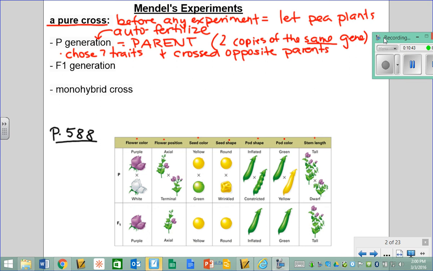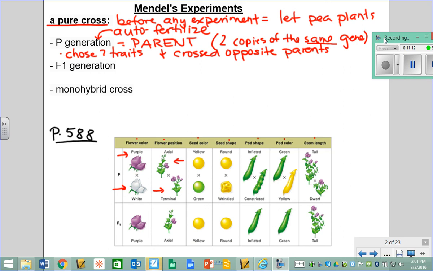So for example, he would take a purple and a white flower, opposite characteristic. Or he would take 2 plants that had axial versus terminal flowers. If you take a look, terminal means the flowers are at the end of the stem, and axial means that they're somewhere lower down in the middle part of the stem. But he chose 7 traits, and he would cross parents that were opposite.